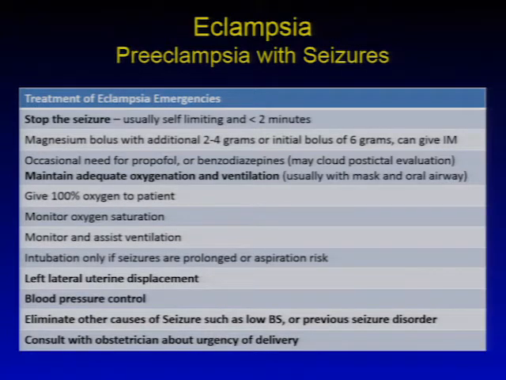Other things that should be maintained are left lateral uterine displacement, assessment and control of the blood pressure, and elimination of other causes of the seizure such as a low blood sugar or previous seizure disorder, and consultation with the obstetrician about their perception of the urgency of delivery.